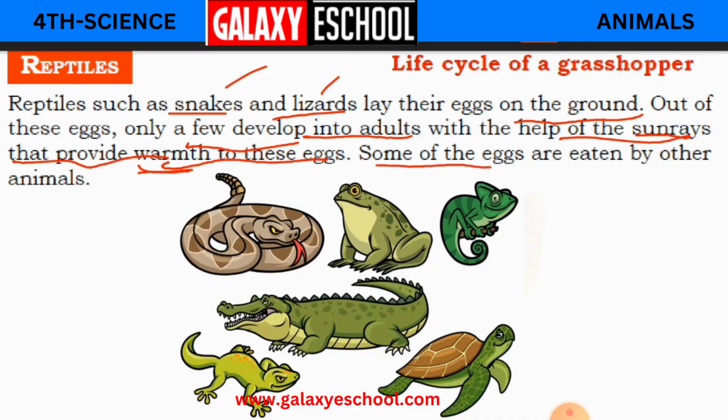Some of the eggs are eaten by other animals. See how sad, children. As they lay eggs on the ground, there are so many other animals that live on our planet Earth on the ground. So some of the eggs are eaten by other animals, and because of that, only a few eggs develop into adults. Okay, children? This is about snakes and lizards.